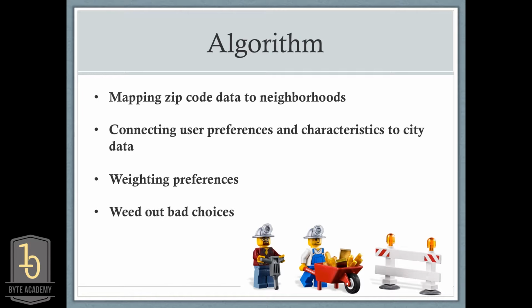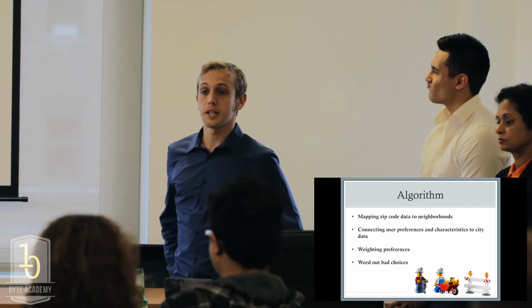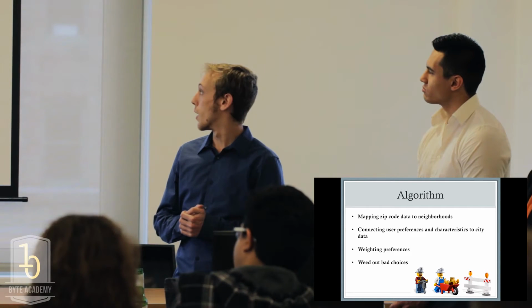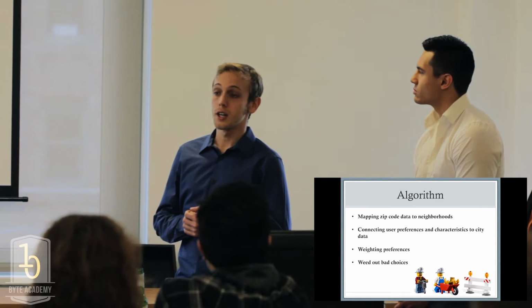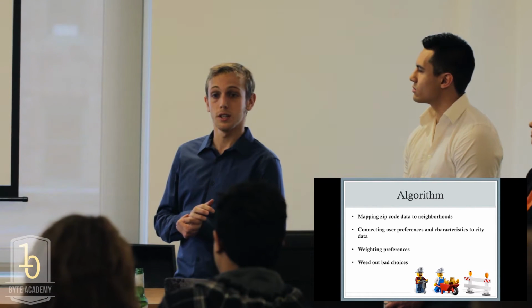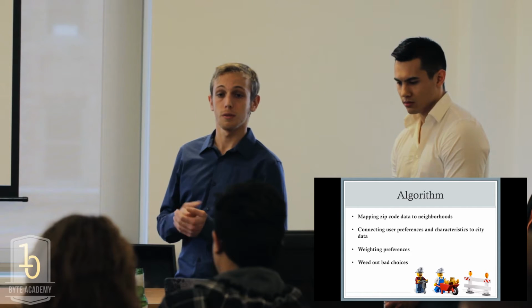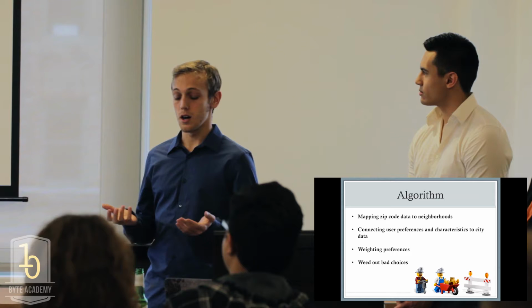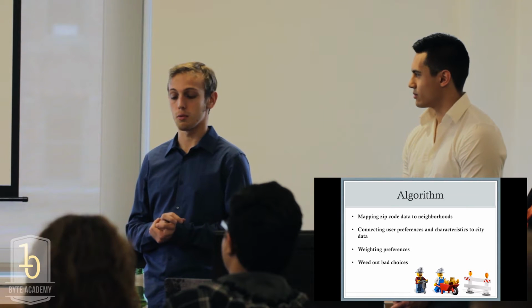So moving on from that, the three parts of the algorithm are, first, connecting user preferences and characteristics to city data. Users put in a mixture of characteristics about themselves, age, income, and gender, and then other things like what is important to them, what type of house they would like to live in, whether things like nightlife are important to them, and from there we match up which neighborhoods best fit their profile.